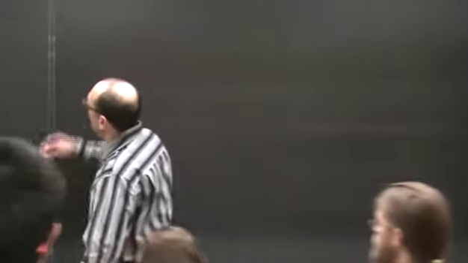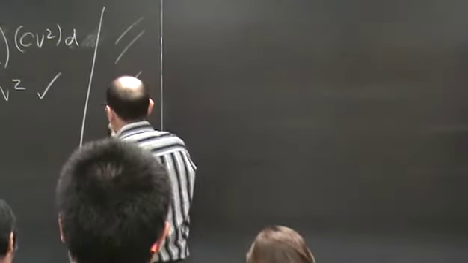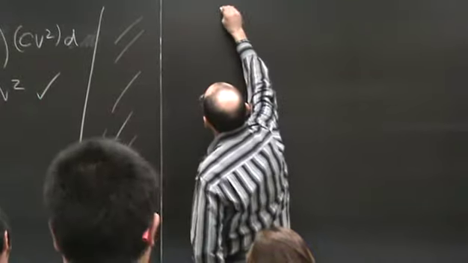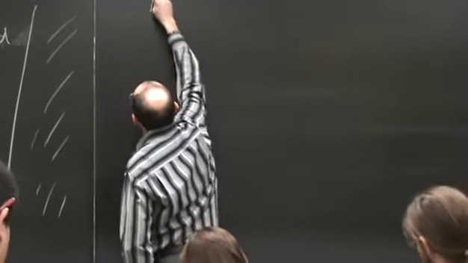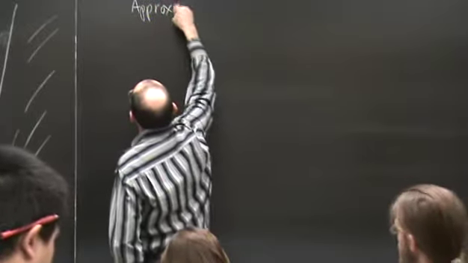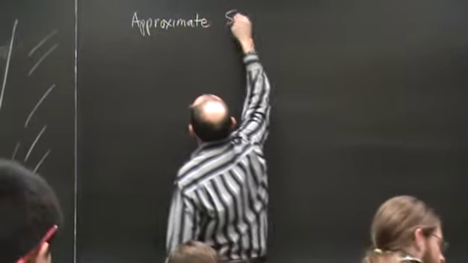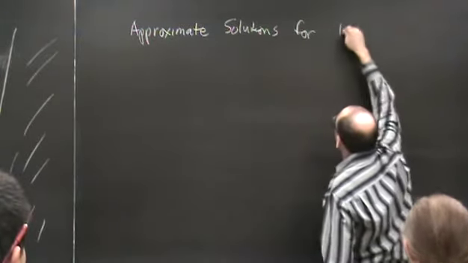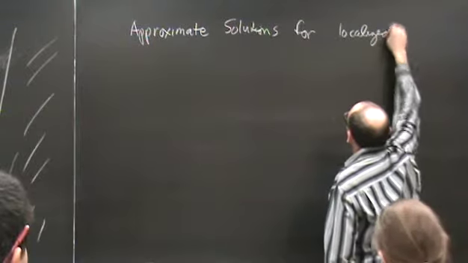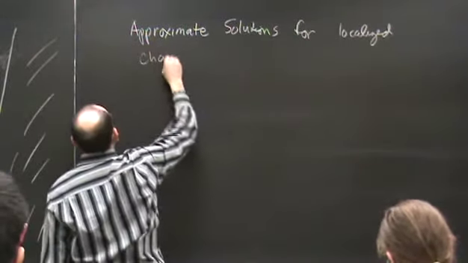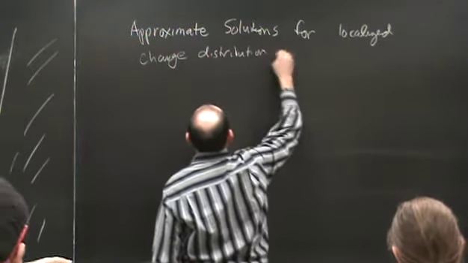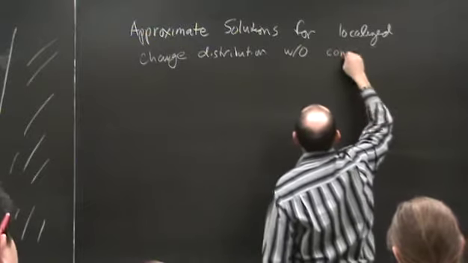What I'm going to concentrate on, because it's going to be very important for us in building our foundation for thinking about electrodynamics and radiation, is looking at the problem where we have approximate solutions for localized charge distributions without conducting boundaries.